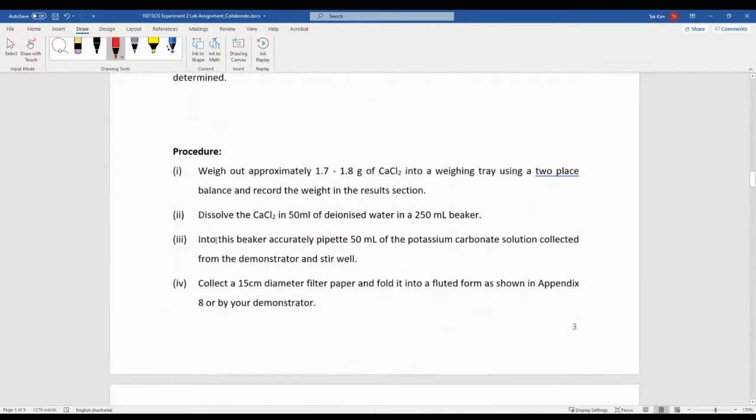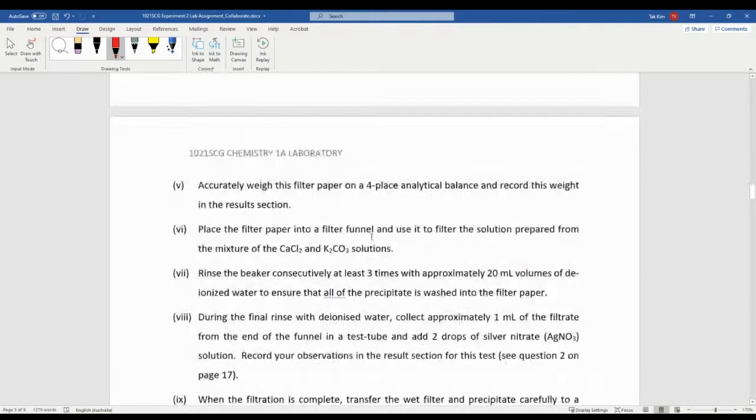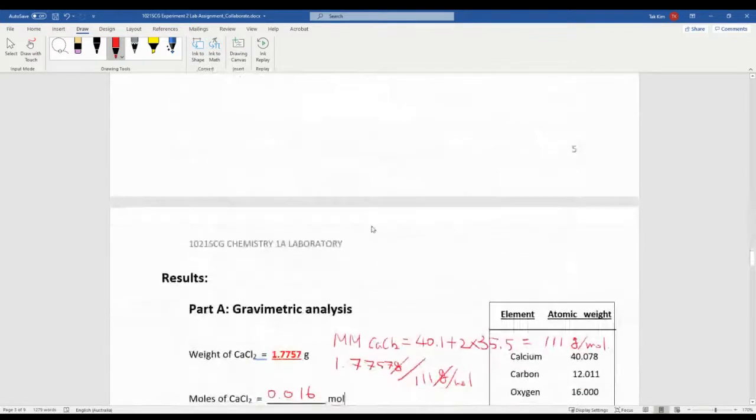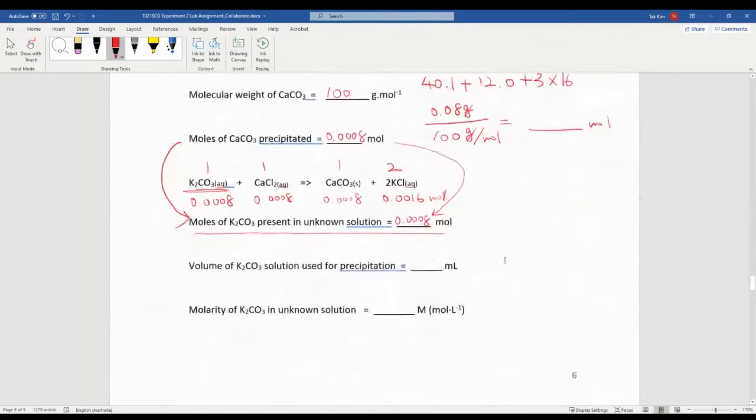Over here in number 3, it says accurately prepare 50 mL of potassium carbonate, which is K2CO3, right? Now you need to use this volume because these results are based on the accurate experimental procedure. So over here, you need to write 50.